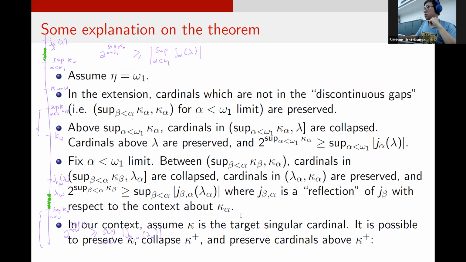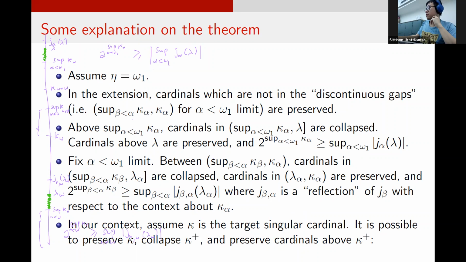Okay, and I think the most interesting bit that I think Moti pointed out is that it is possible that for kappa, which is the singular cardinal in the ground model, you can preserve kappa, collapse kappa plus, and then preserve cardinals above kappa plus, by fixing some particular value of lambda.